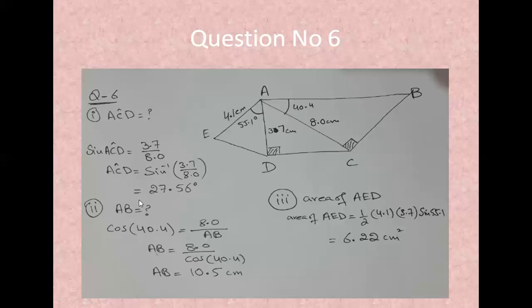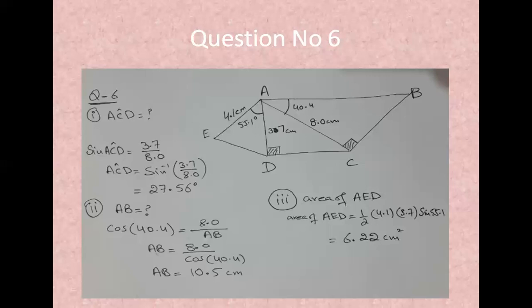So cos of 40.4 will be equal to base by hypotenuse, and that will be 8 divided by AB. So AB will be 8 divided by cos 40.4, and in your calculator you will write 8 divided by cos 40.4 equals, and that will be 10.5 centimeter. So now we know the length AB.